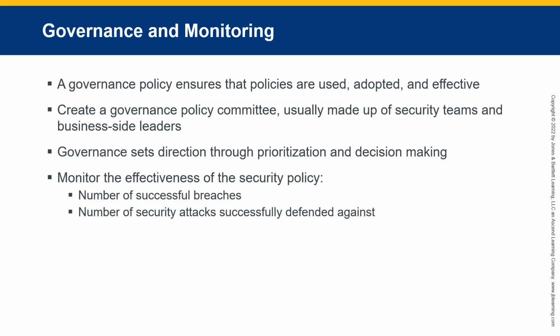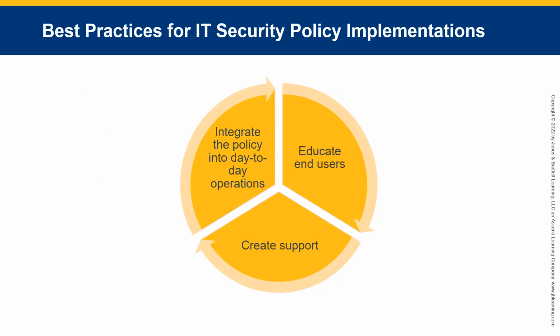They monitor the effectiveness of the security policy, number of successful breaches, and number of security attacks successfully defended against. Best practices for IT security policy implementations: integrate the policy into day-to-day operations, educate end users, and create support.